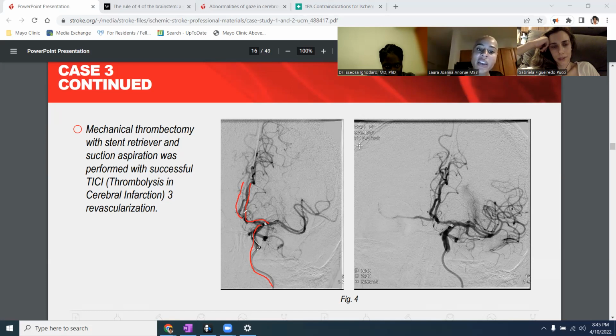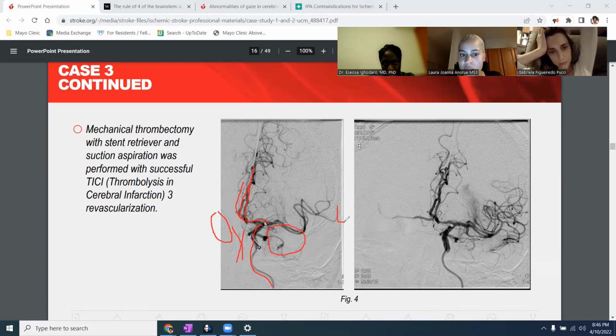Oh, I see. Yeah, you're right. It's a weird view going up, right? Yeah, because I feel like here's the nose, here's where the eyeball would sit, and then this would be the lateral part. This would be the top of the head. So then this would be the MCA, and then the ACA is right here.